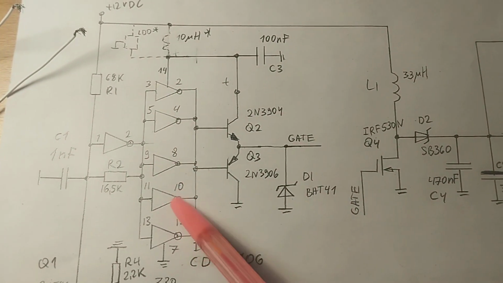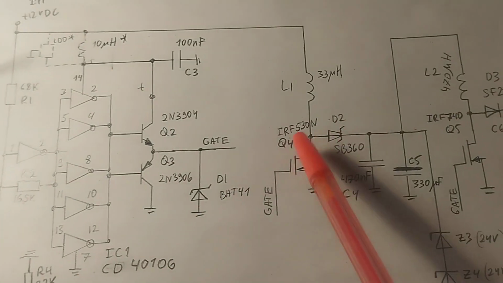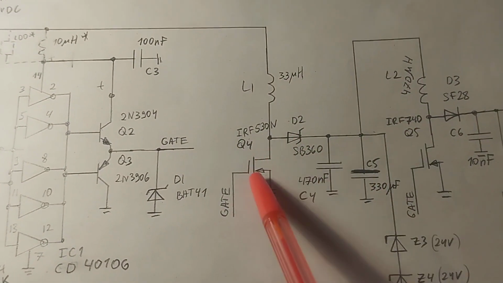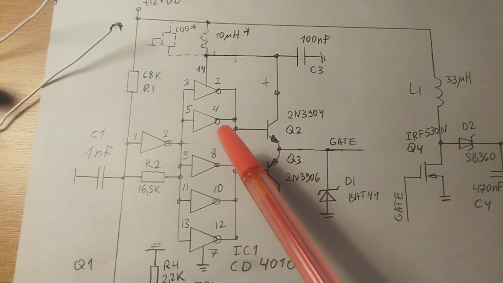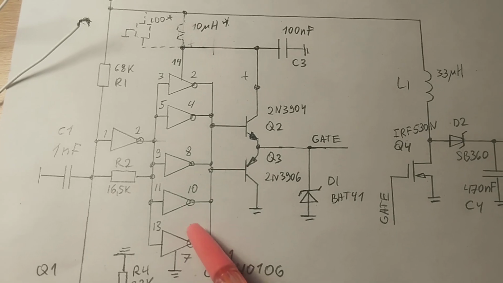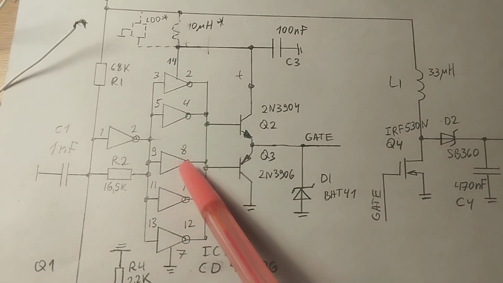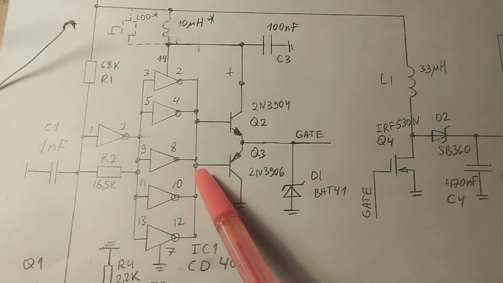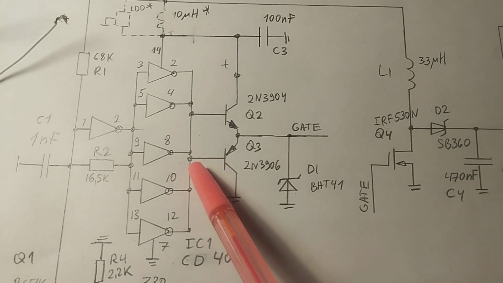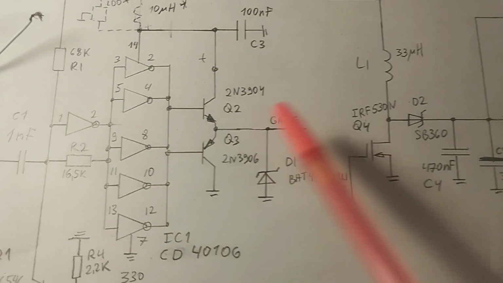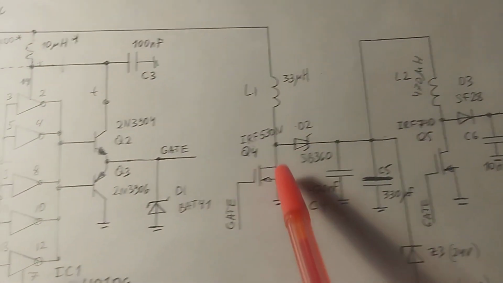To drive the output switches we need enough current. So to amplify the output current I use 5 inverters in parallel. But the output current is not enough to directly drive these two switches.